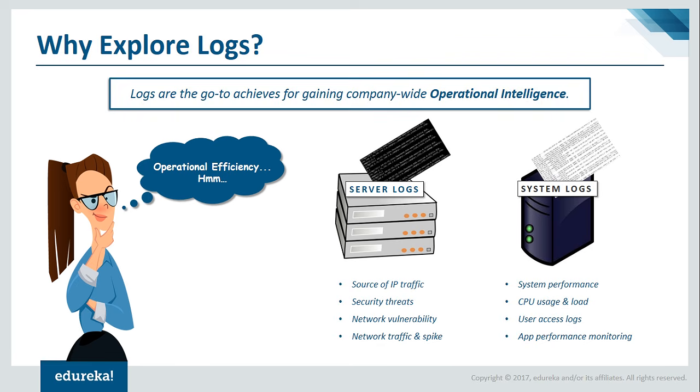Now, what will be the operations and transactions that I'm talking about? They are these. In case of your server, you will have details about the background of your customers, the IP address of those people, and the location or the geography from where they are accessing it. You have those details, and then you will have details with respect to there being any security threats. Are there any vulnerabilities to your servers, to your network?